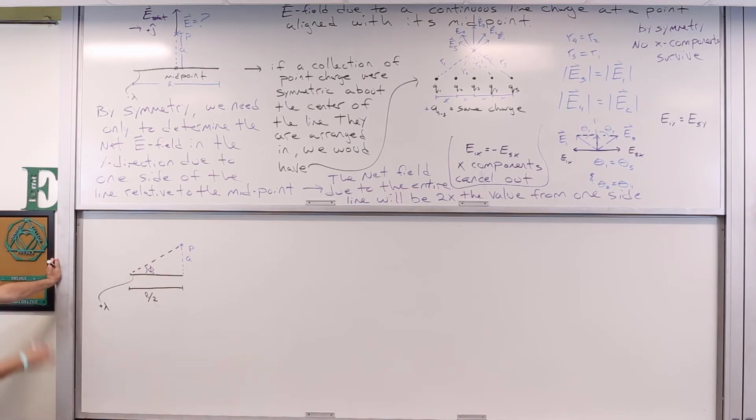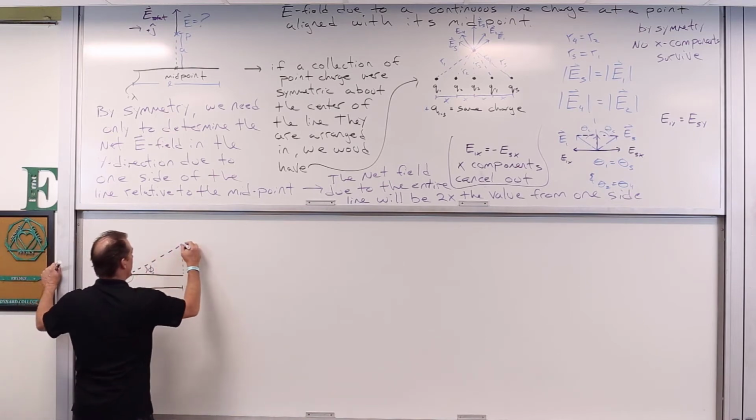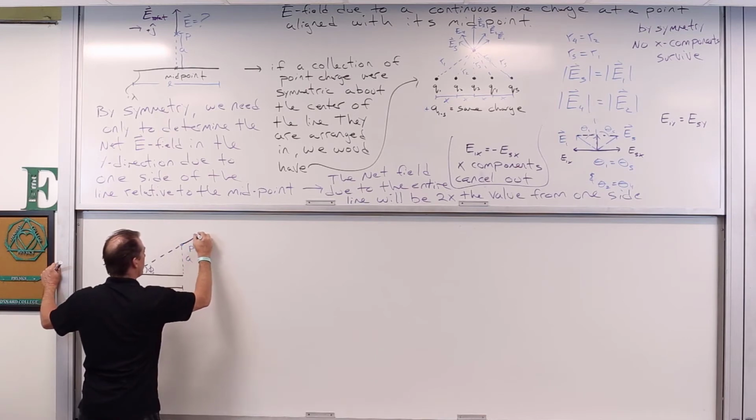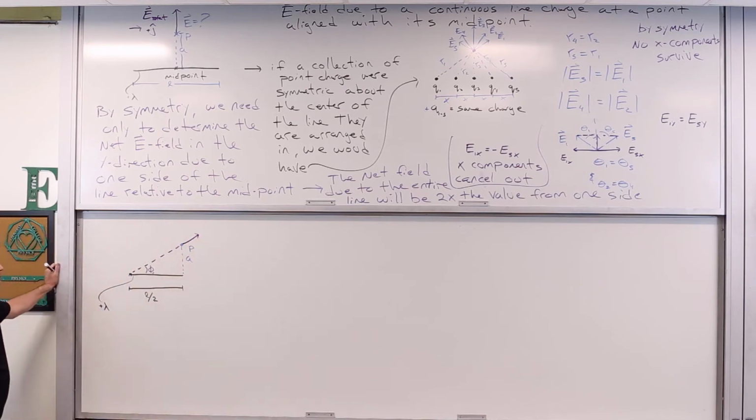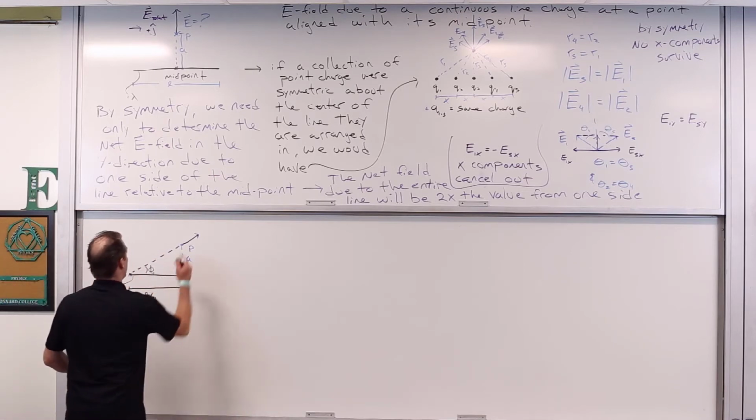Well, maybe we do something else, right? Excuse me, it'd go to 0 degrees. Instead of looking at phi, we're going to look at this. Because we know from this endpoint right here, the electric field due to it would be in that direction, right? And what do we want to get out of this? We want to get the y component out of this, because the x component is irrelevant. We can ignore it. We don't care about the x component. So we want to get this y component.